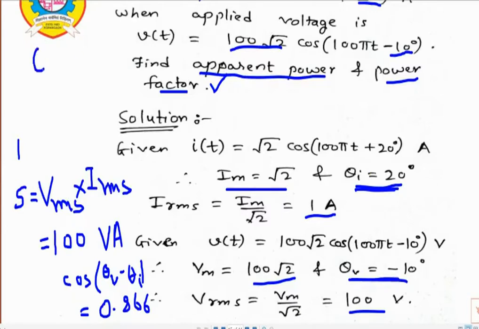So whenever current angle is greater than voltage angle, that means current leads voltage and our reference is the voltage. So the power factor is leading power factor. And with leading power factor, what is the nature of the load? Nature of the load is capacitive.